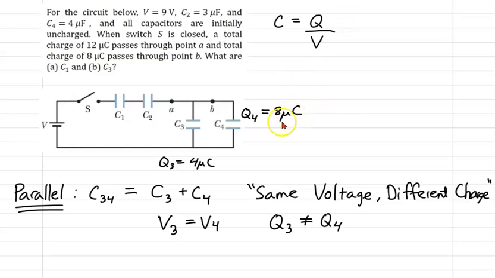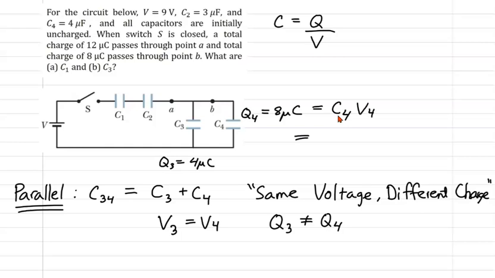So we can find the voltage V4 because we have 8 microcoulombs for charge here, and we know that C4 equals 4 microfarads. Right away we can rearrange the capacitor equation to set Q4 equal to C4 times V4.